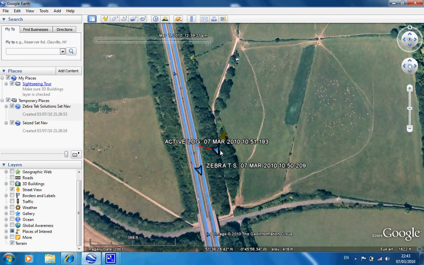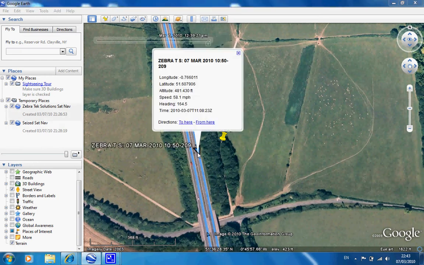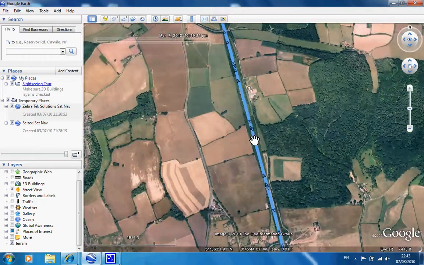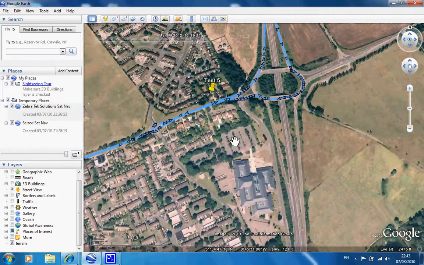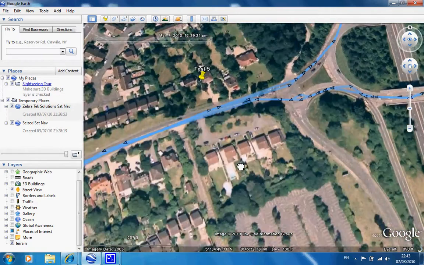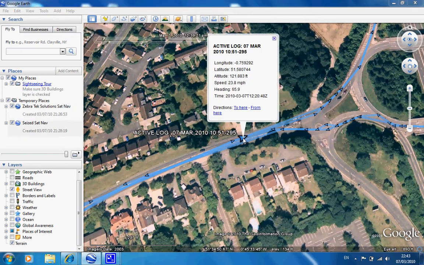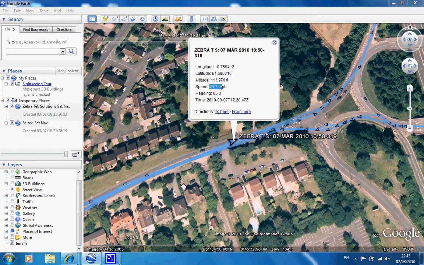Here we get the C sat-nav showing 58.4, our reference sat-nav showing 58.1. The C sat-nav here is showing 23.8, our reference sat-nav 23.7.